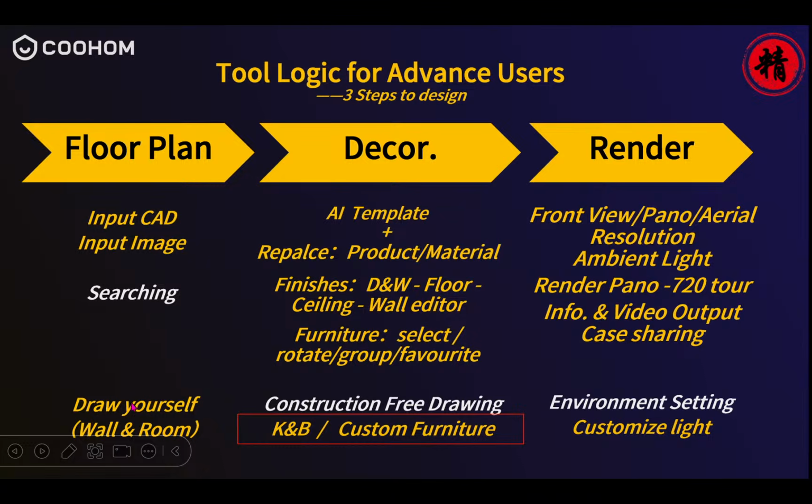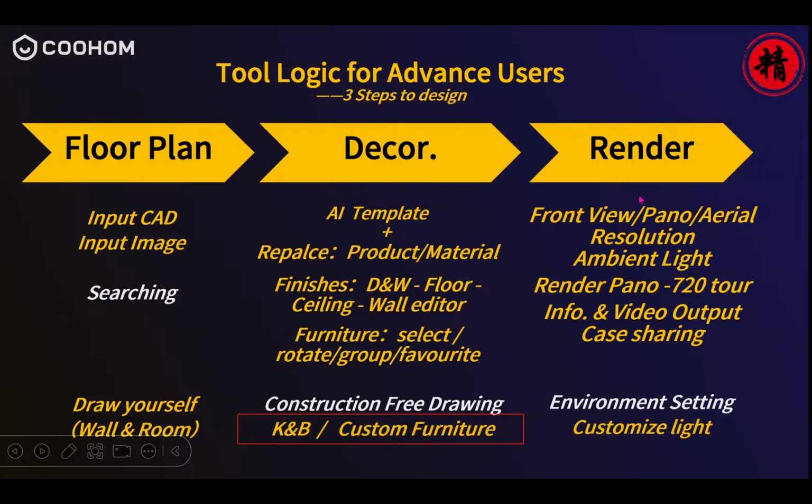For the floor plan, we use draw yourself, draw a simple kitchen, and then turn to the decoration. In decoration, we will first ignore the other steps and directly turn to the kitchen and bath to get a mainly customized kitchen. Then we can turn to the render.